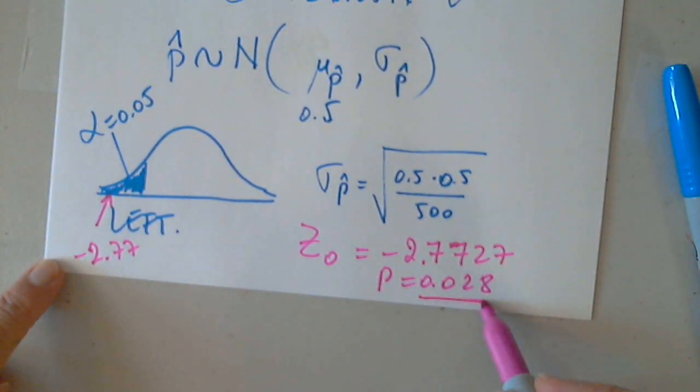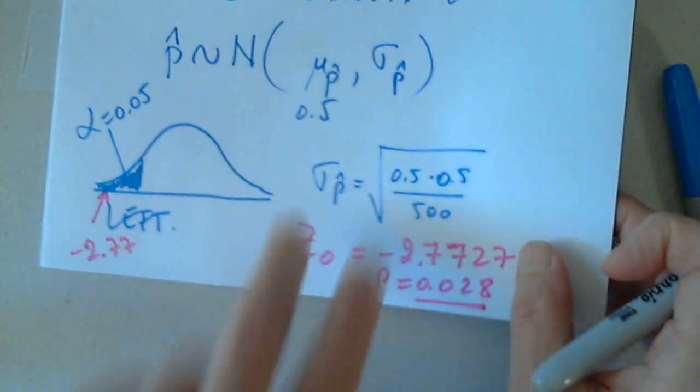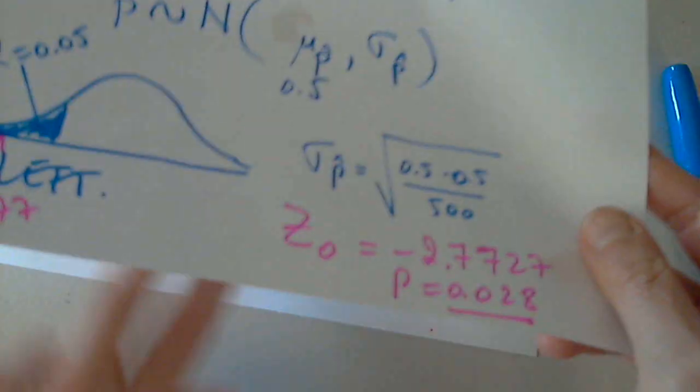With a p-value smaller than 0.05, we will reject the null hypothesis.